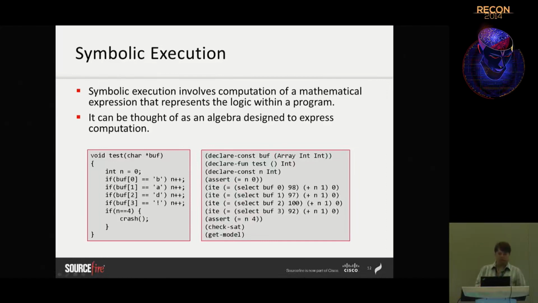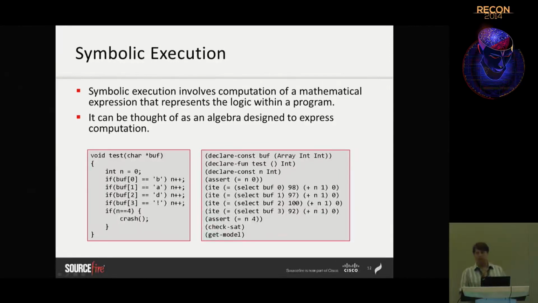So here's an example of what it would look like to translate the canonical example from the left side, which is standard C code, into a formula that would be solved by a symbolic solver, an SMT solver. Essentially, you have your declarations of variables, just like you do in C. You have conditions that you assert, so that would be like assignments.